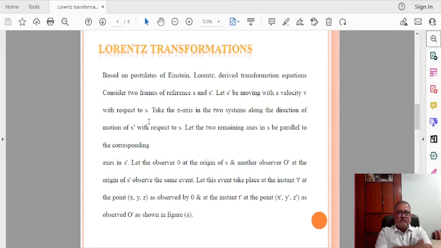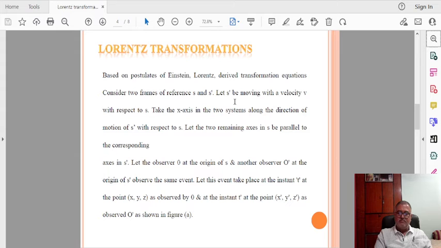See, based on the postulates of Einstein, Lorentz derived the transformation equations. Here we consider two frames of reference, S and S prime.